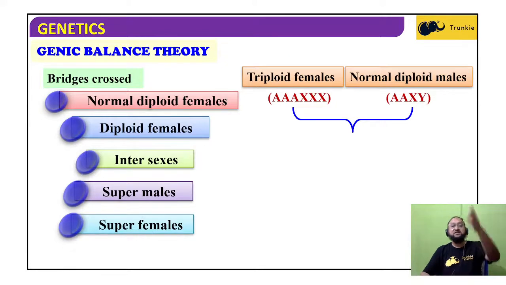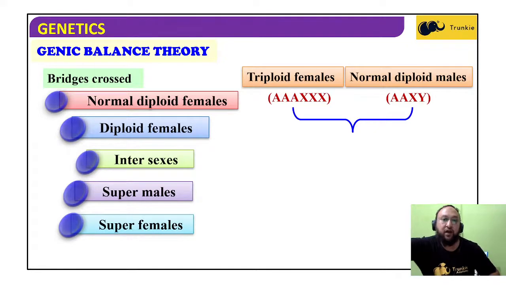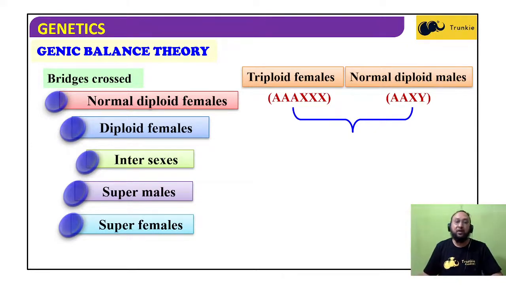All these varieties he found because, due to these triploid females, there was a very good chance of different recombination. So he found not only normal diploid females, but also triploid females, intersex, super males and super females.